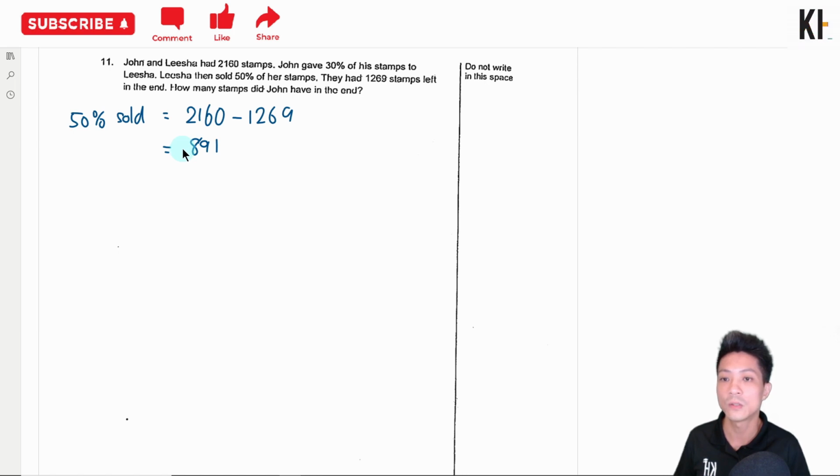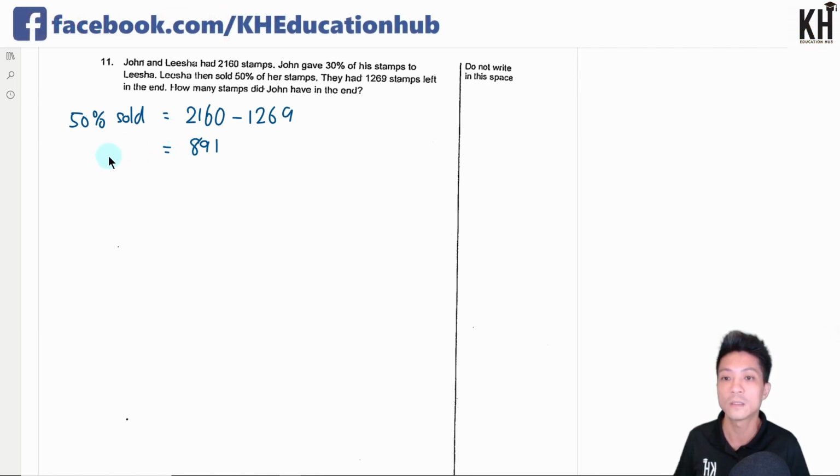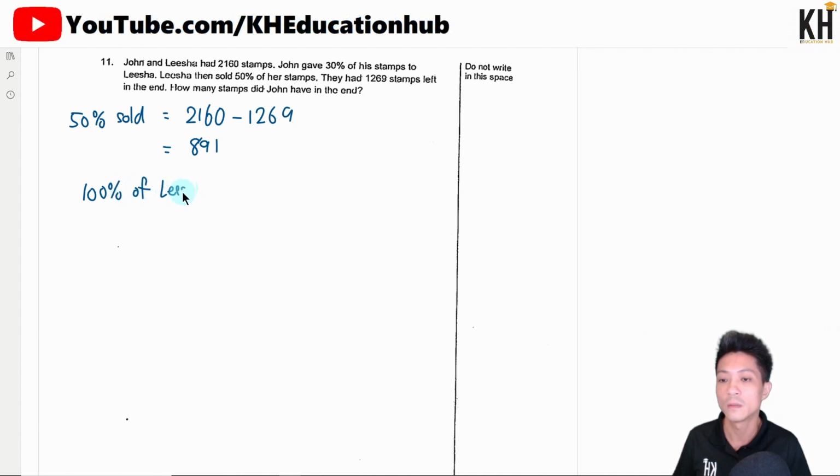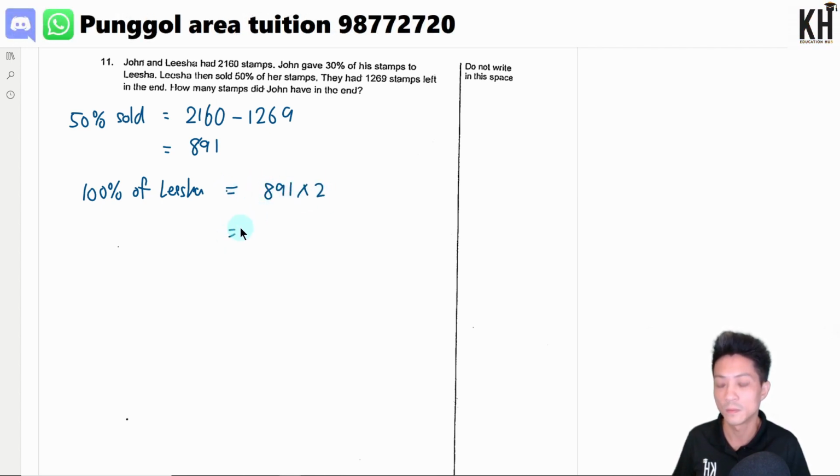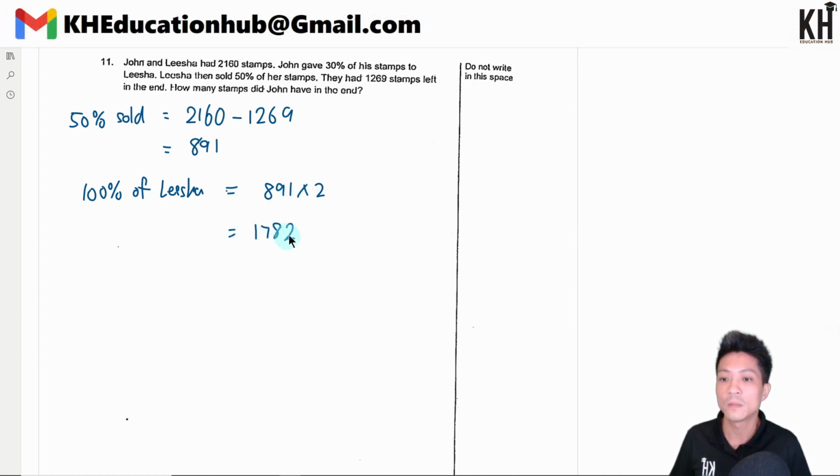So in order to find 100% of Lisha, it is going to be equal to 891 times 2. Remember, this is after John gave 30% of his stamps to Lisha.